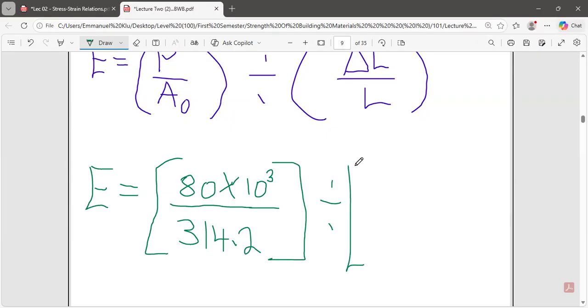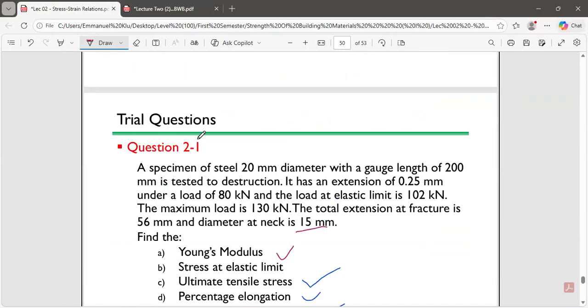The change in length. What is the change in length we are going to adopt over here? Our original length was given as the gauge length, and that is the 200 mm.